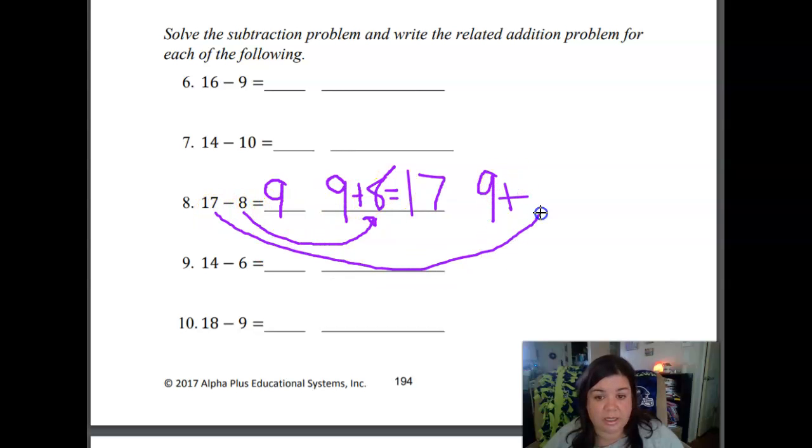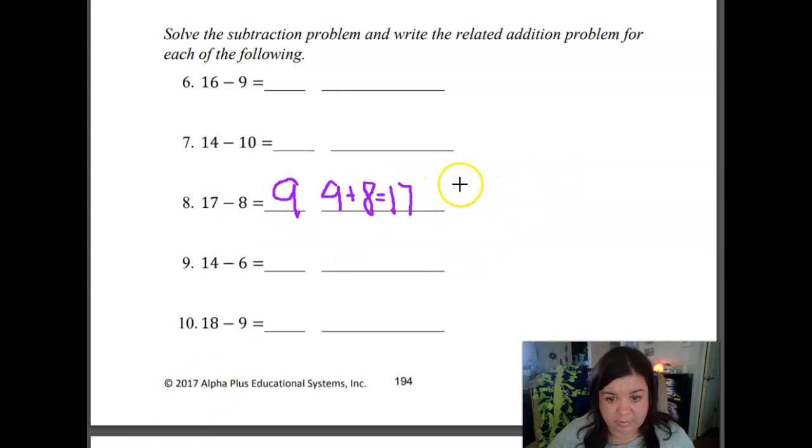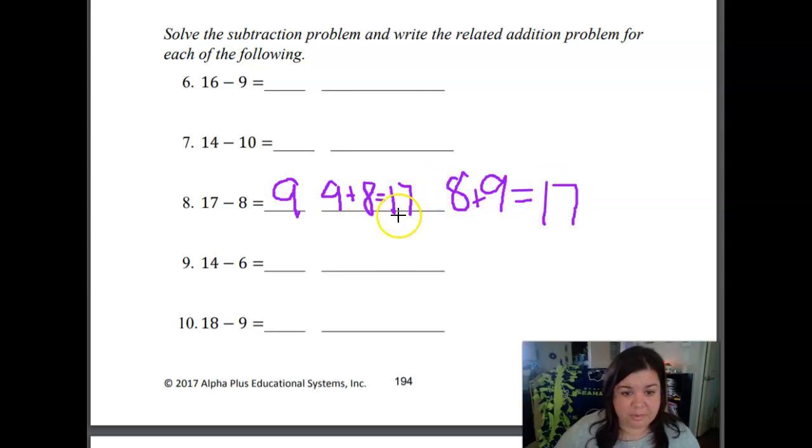Now take the second number, 9. Second one again. So now we just reverse it. 8 plus 9 equals 17. Sorry, my stuff is showing up really slow again.